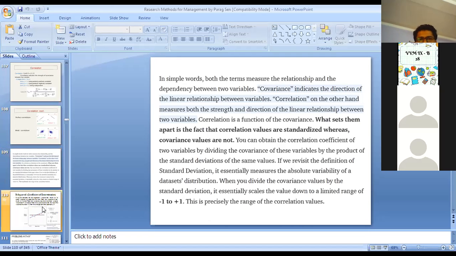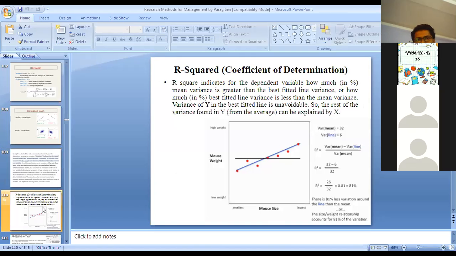Now we will talk about R square. R square is also known as the coefficient of determination. R means correlation coefficient, but R squared means coefficient of determination.